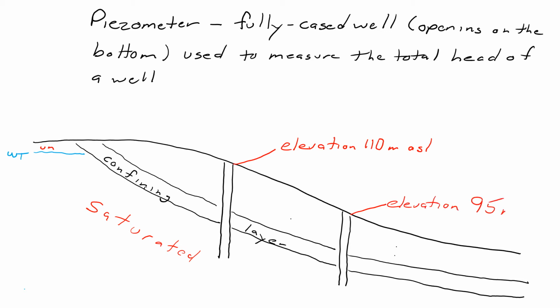This well right here has an elevation of 95 meters ASL, above sea level. ES right here, this represents the Earth's surface.